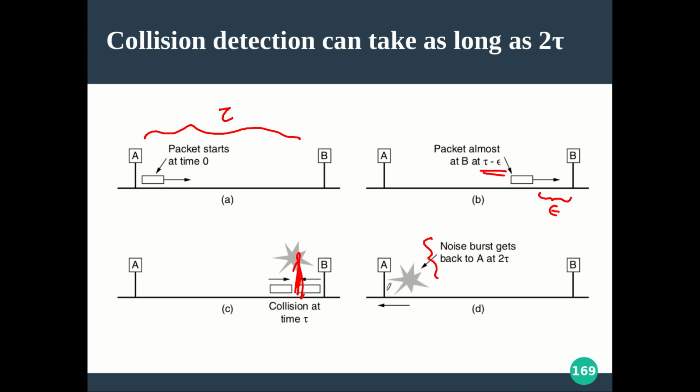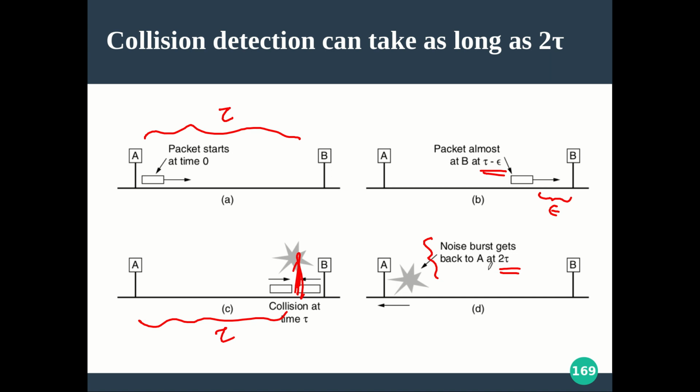And till it is coming back, A should keep sending the data. So forward we have a tau propagation time, and for this noise burst to come back, another tau unit of time, so totally 2 tau, right?